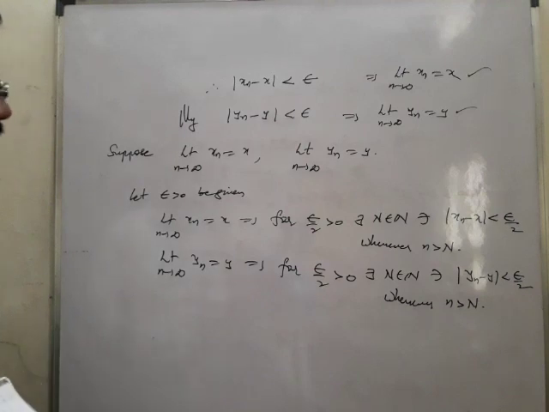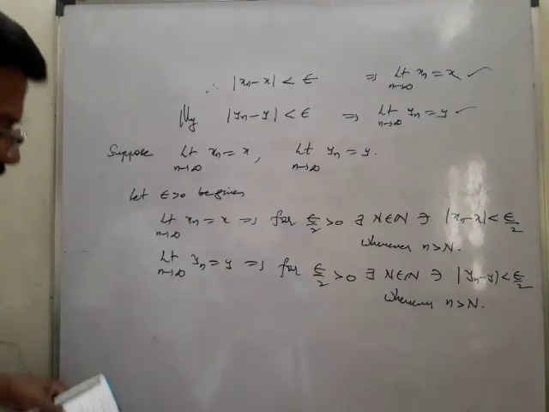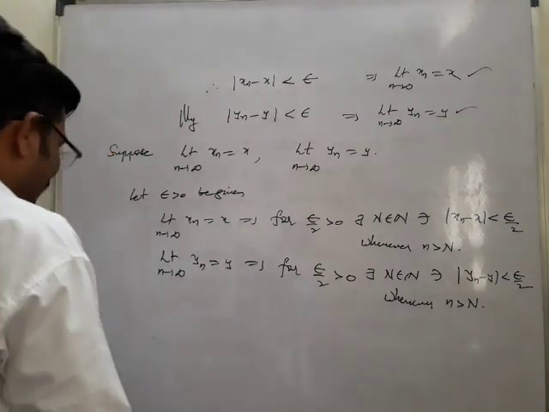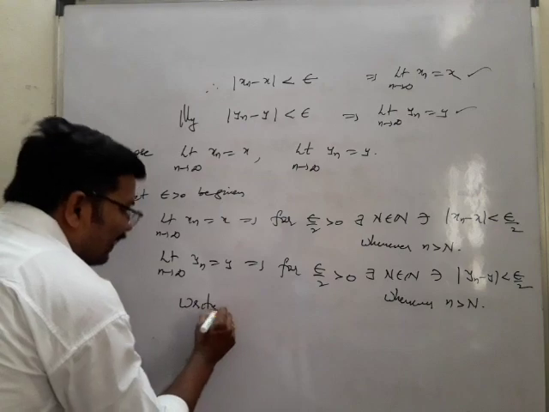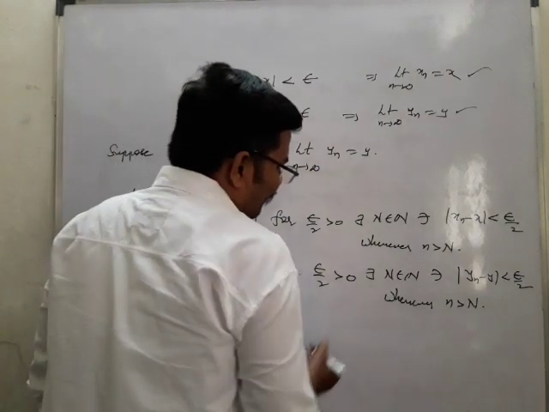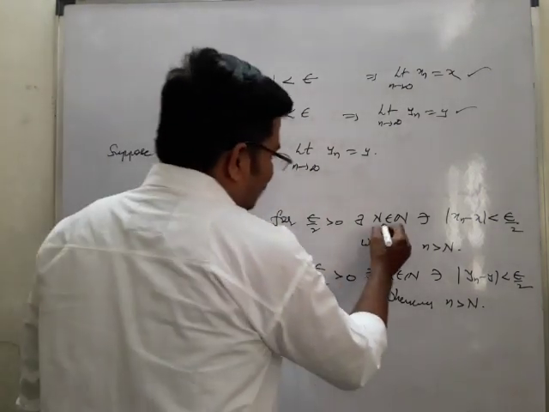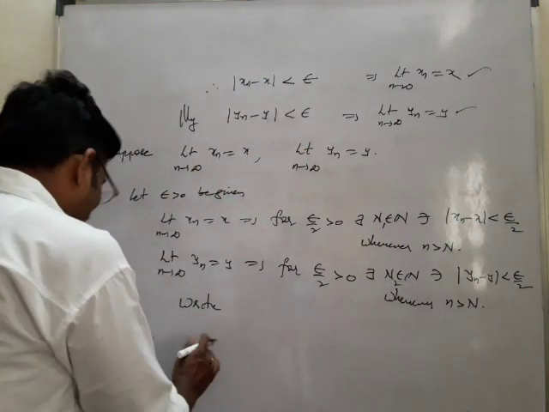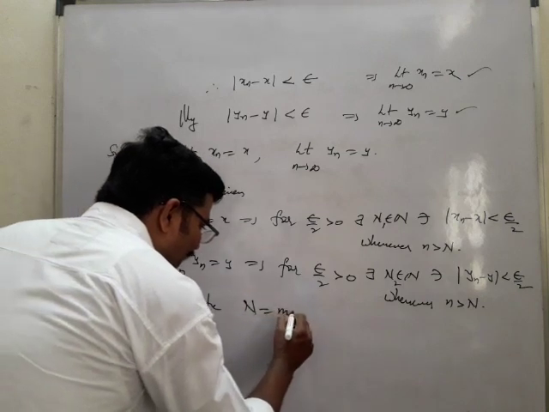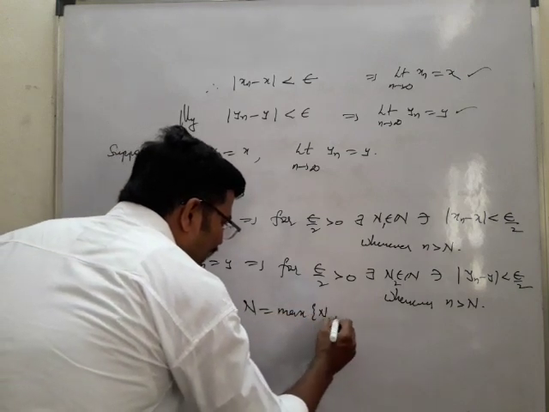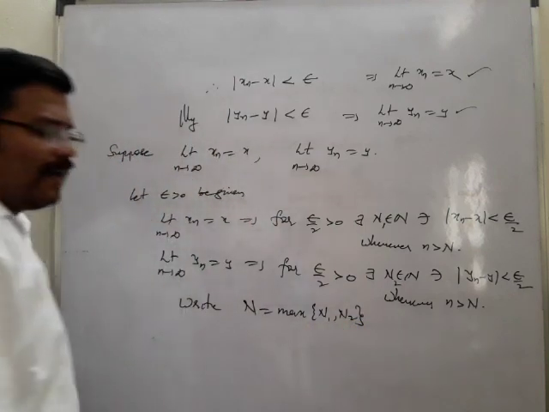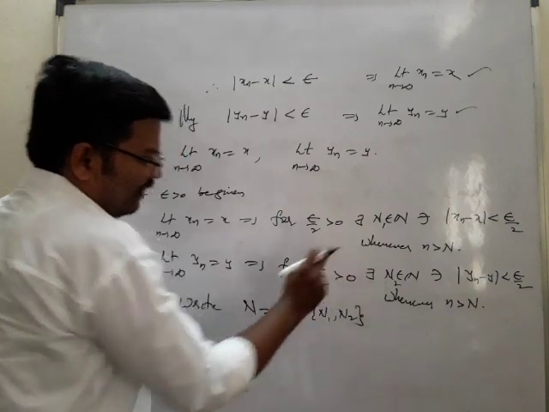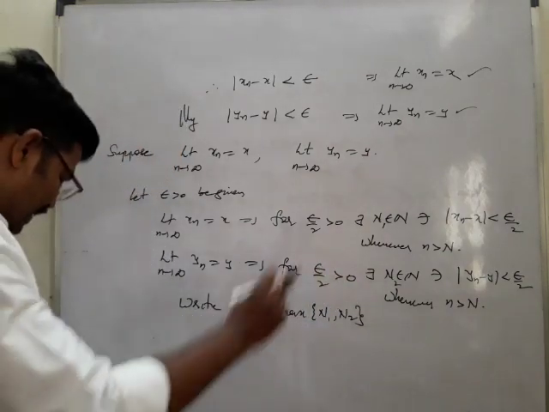Now we have applied the definition of limit for the two things. Then this is n1 I'll take, this is n2 I'll take. So now we'll write capital N is equal to max of n1 comma n2. Instead of taking n, I have taken n1 and n2, the maximum value of n1 comma n2.